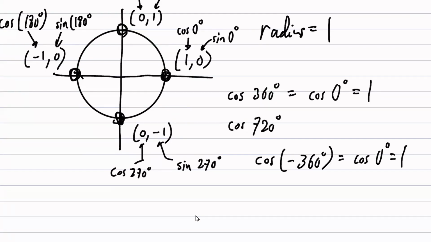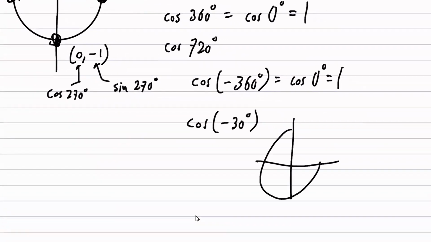Okay. Now can you figure out what is cosine of -30 degrees? Draw a picture. Where will it end up? You rotate this guy anti-clockwise or clockwise? Clockwise. So can you draw the resulting line?